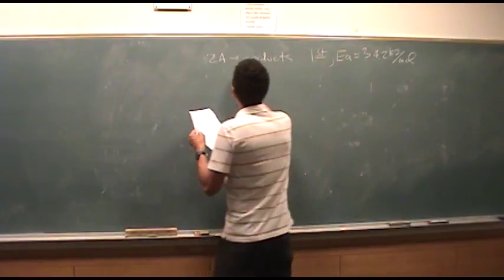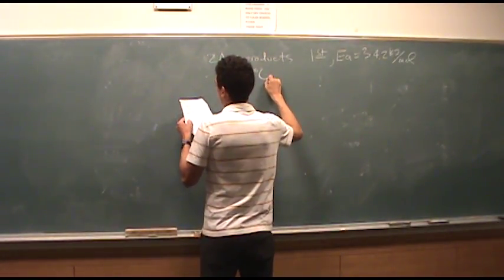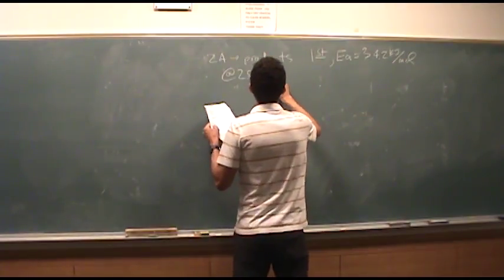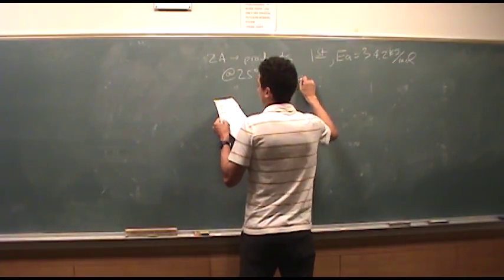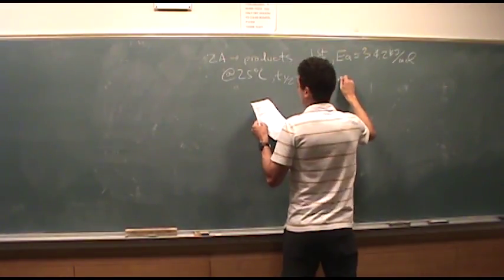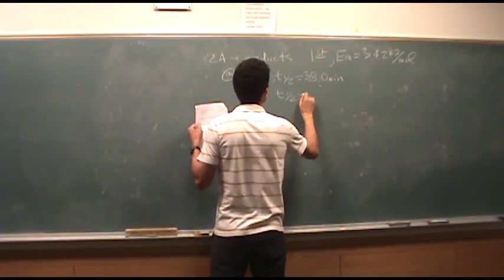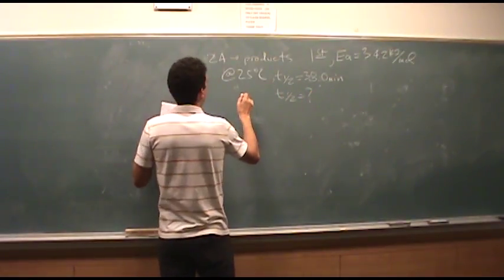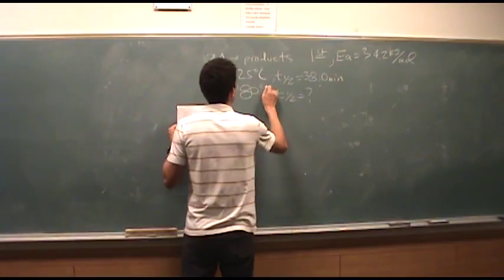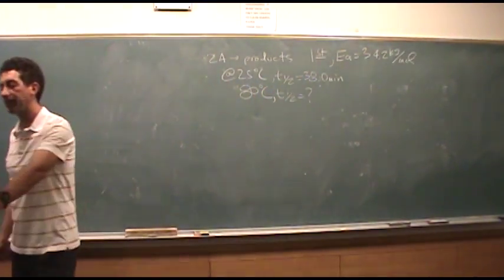At 25 degrees C, the half-life is 38 minutes. We want to know the half-life at 80 degrees C.